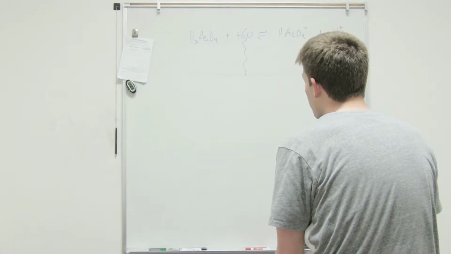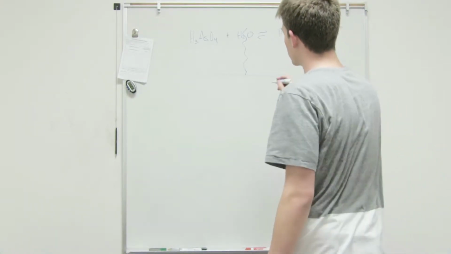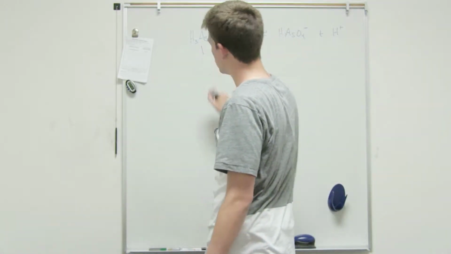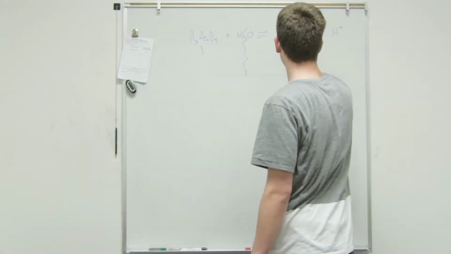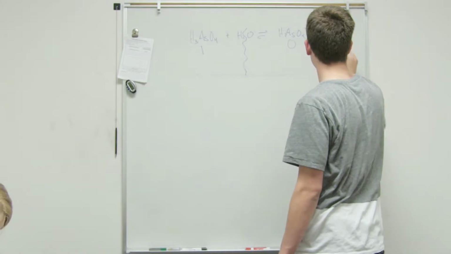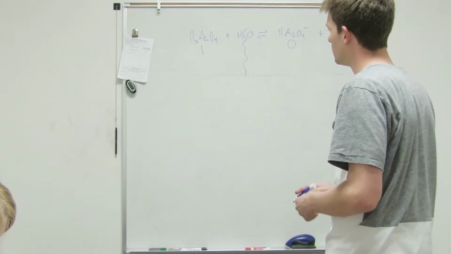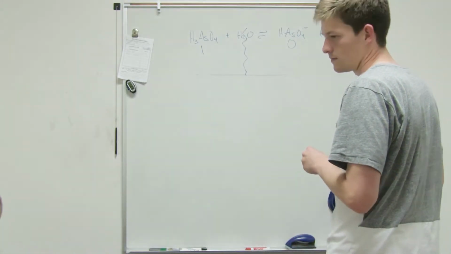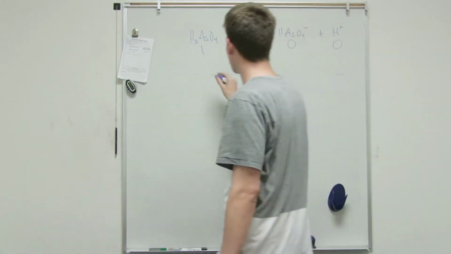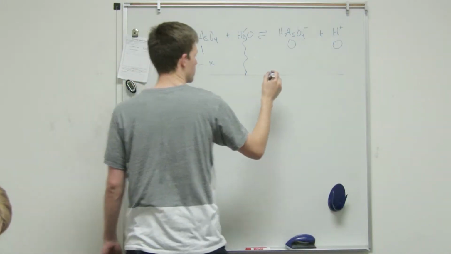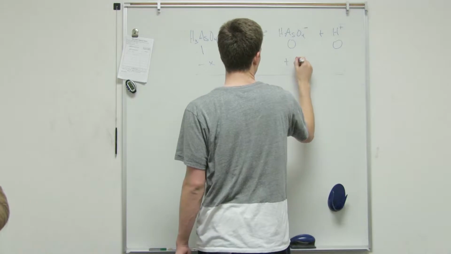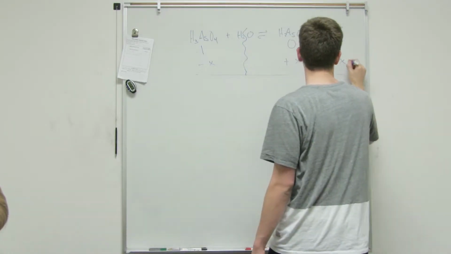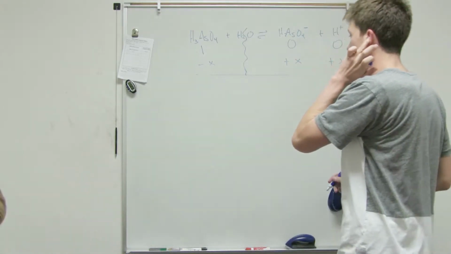Okay, so we start out with 0.1 of H3AsO4, and we have 0 of H2AsO4 minus and hydronium. Then you subtract X from H3AsO4, and you add X to both hydronium and H2AsO4 minus.